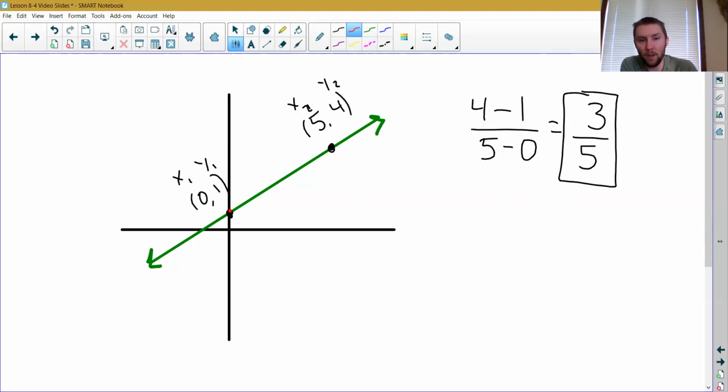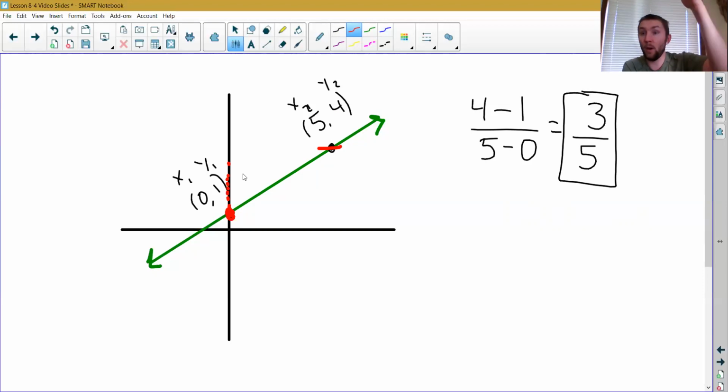So from the point that's further to the left, in this case, which is this point right here, 0, 1, how much up do we have to go to get to the level of this point right here? Well, that's really asking what is the change in the y, right? And so we can count on our graph how many squares up I have to go to get from this point to this point.